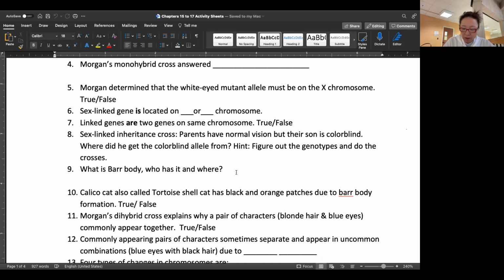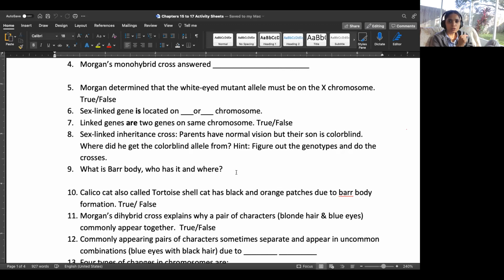Parents have normal vision, but their son is colorblind. Where did he get the colorblind allele from? The answer is from both parents because they are both recessive gene carriers. No, it's a son. A son always gets his X chromosome from the mother.